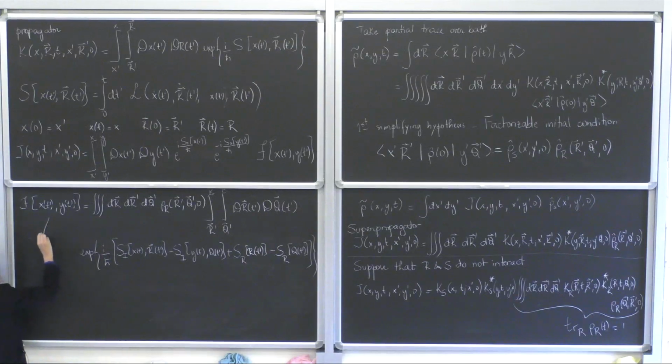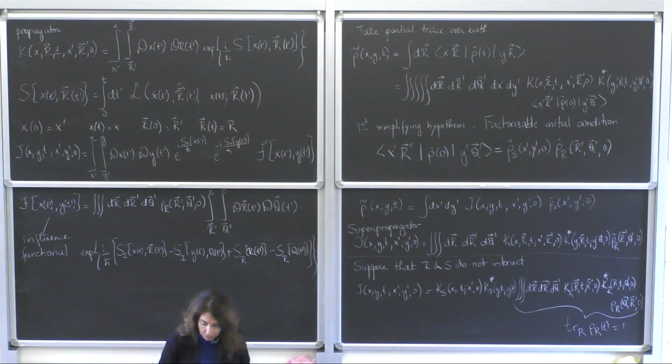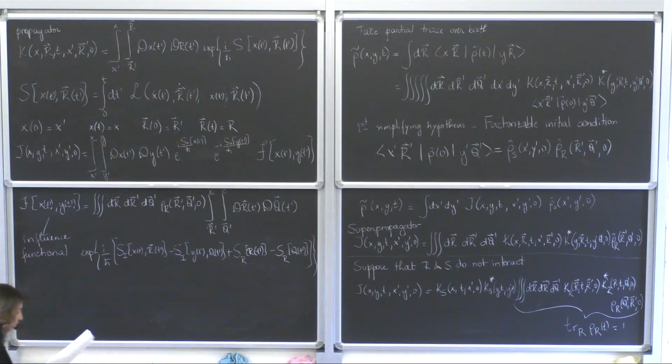That's the so-called influence functional, which is measuring the influence of the bath on the particle. It's only a function of the particle coordinates containing all the influence of the bath, and that's what we are going to solve now. Very good.